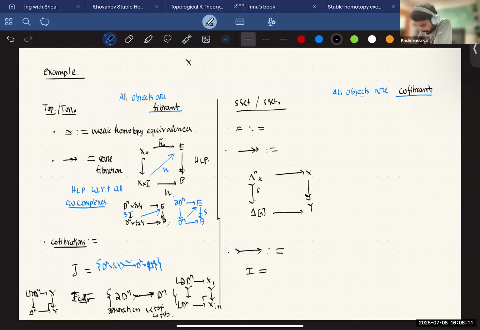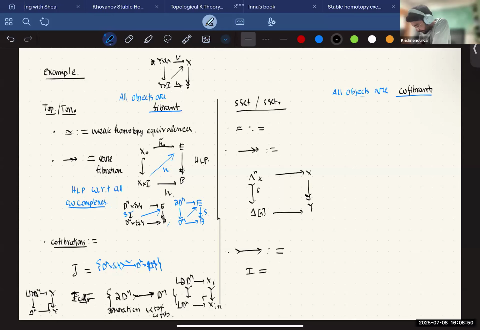Because if you take any element here and map it to your terminal object in topological spaces, that is your point, you can lift over there, right? So this is another CW complex, Y cross 0, and this is your Y cross I. If I have a homotopy here, if I have an A0 tilde here, this exists, right?